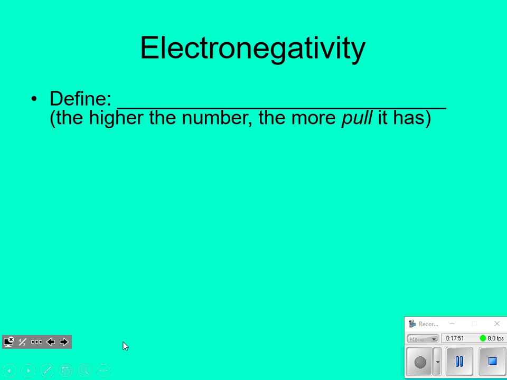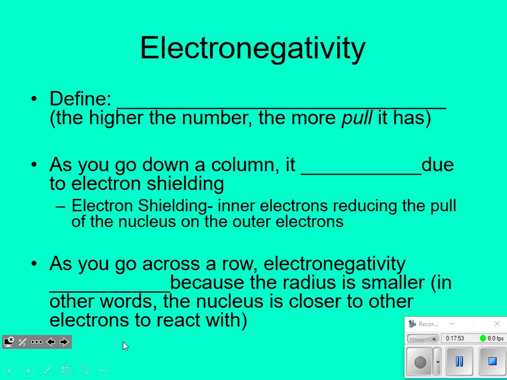The last trend was electronegativity. And again, I don't need to fill the definition right now, but one of the things I put in parentheses underneath the definition, the bigger the number for electronegativity, the more pull it has. So if ionization energy is all about losing electrons, electronegativity is all about gaining electrons.